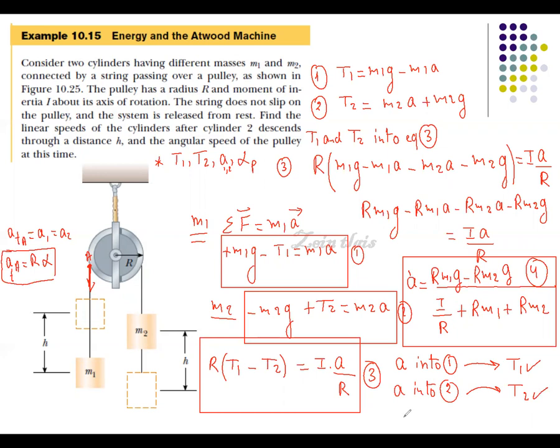And we can find alpha: A equals R times alpha, so alpha equals A divided by R. To find A, alpha, T1, T2, you have to apply Newton's law and summation of tau equals I alpha. If you want to calculate omega and V, you can apply the conservation of mechanical energy directly. Thank you.